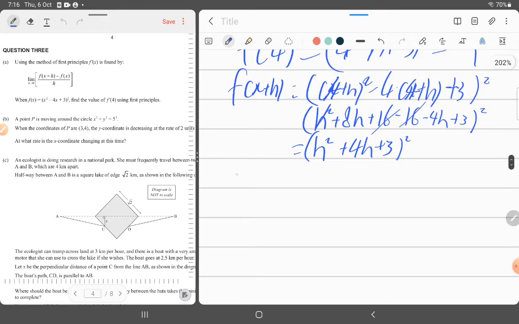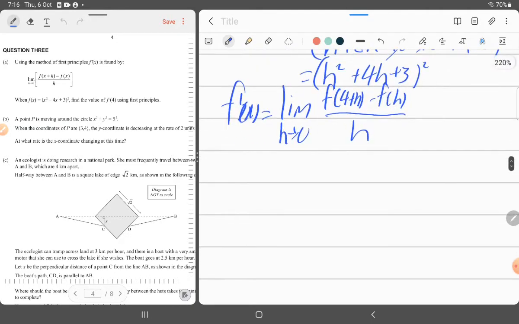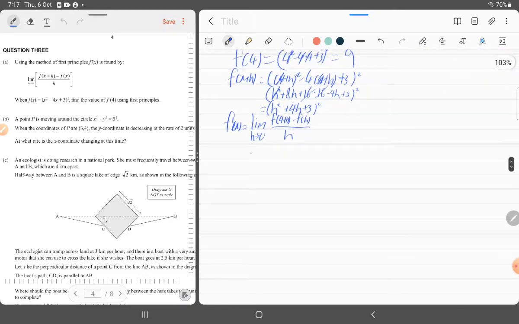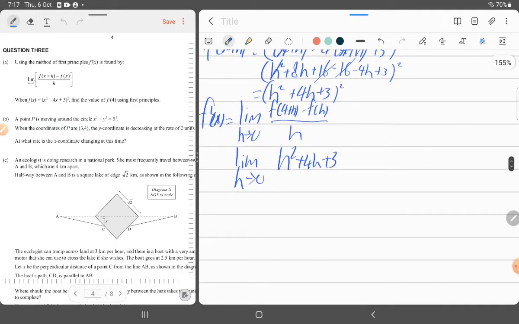Actually, I might just do f of 4 plus h, take away f of 4, over h. So the limit as h goes to 0 of h squared plus 4h plus 3 all squared, take away 9, all over h.